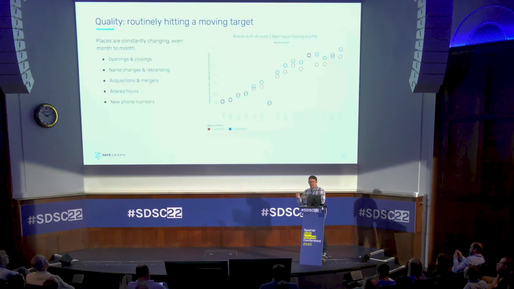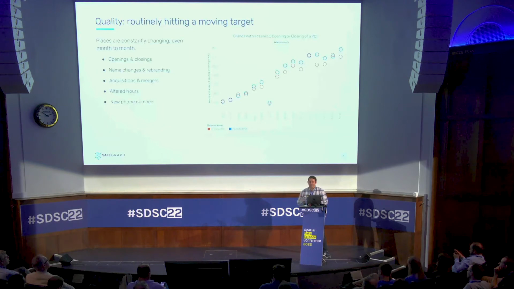How do I make sure that I understand the things that are open, the things that are closed? What happens when certain brands and subsidiaries are acquired and brought into other organizations? Are they renamed? Do we really want to be sending our customers to poorly named stores that may be a different place? What happens when, of course, we were all around in 2020 when open hours were shifted significantly?